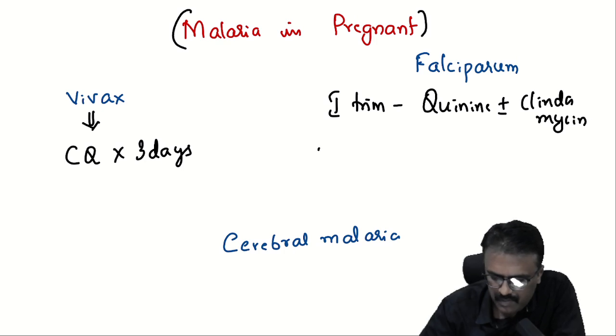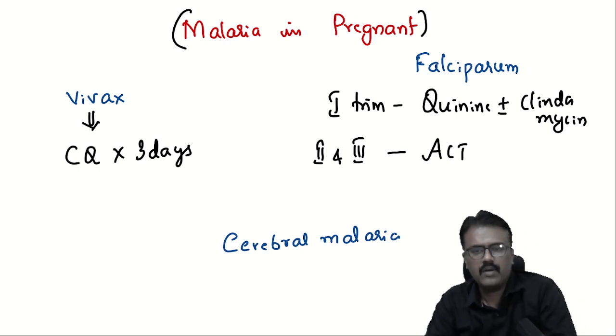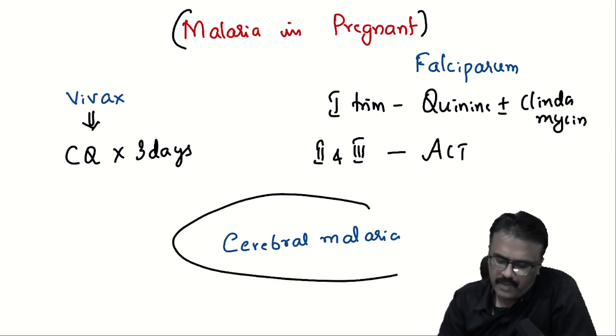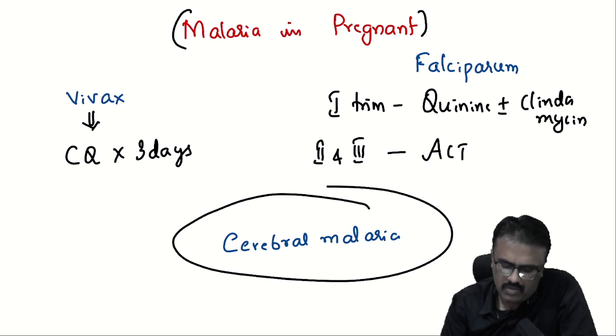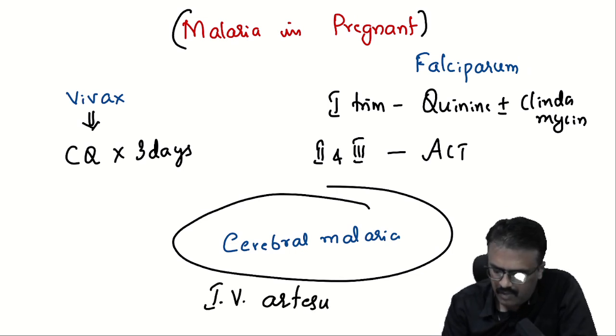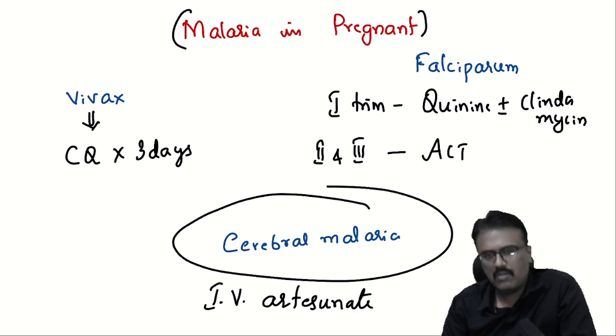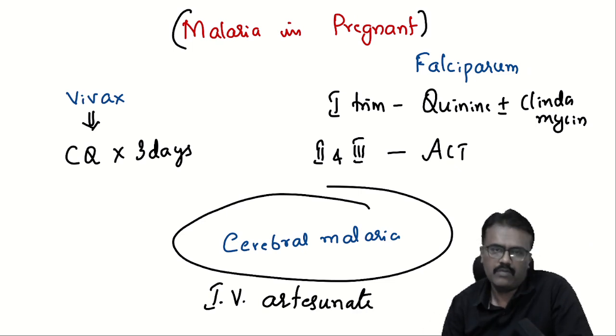Quinine is safe. For second and third trimester, we can give artemisinin combination therapy depending on the place. Suppose a pregnant lady develops cerebral malaria or complicated malaria, it's an emergency, so I will give IV artesunate. So malaria is a must-know topic for you all.